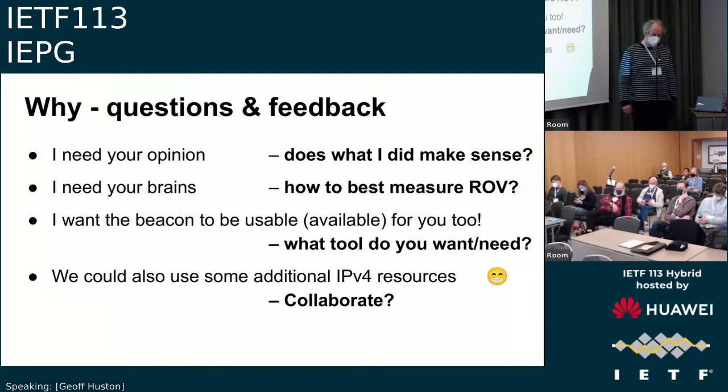Oddly enough, "everyone must do ROV" is actually not that useful. We can get 95% of the result if, let's say, 6 transit networks do validation and no one else does. Because if paths go through a small amount of the core and the core is doing validation dropping, it doesn't matter what the stubs do.